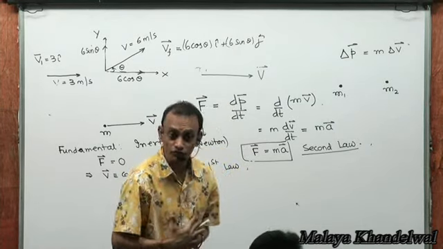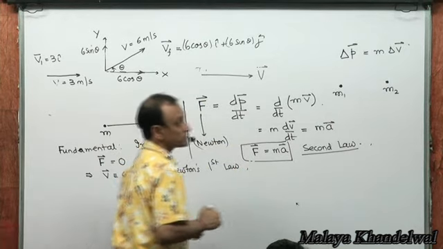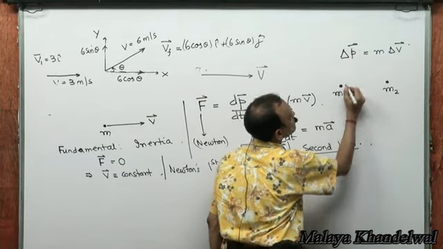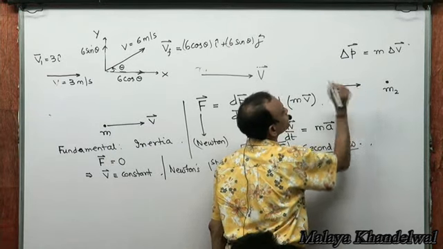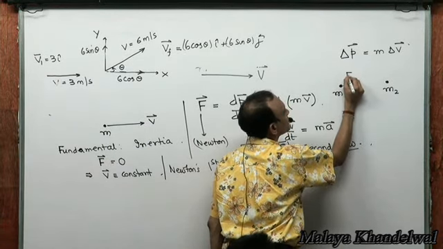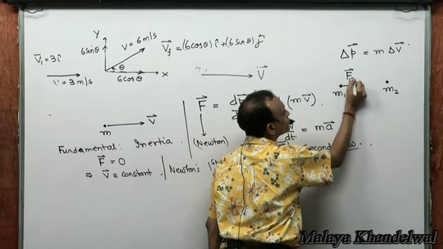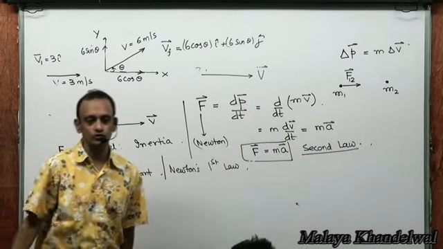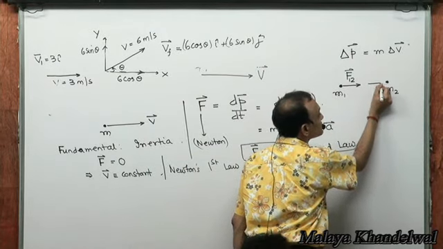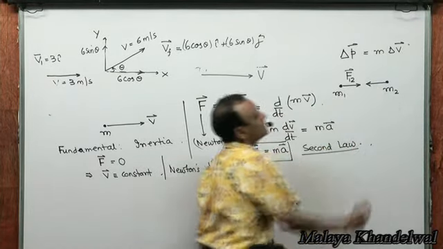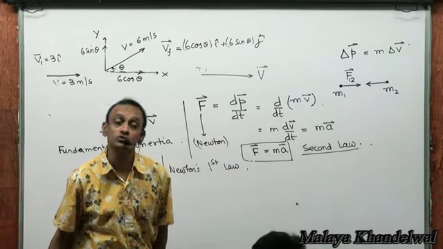Now suppose m1 exerts a force on m2, which is the force exerted by 1 on 2. Then Newton's third law states that m2 will exert an equal and opposite force on m1.